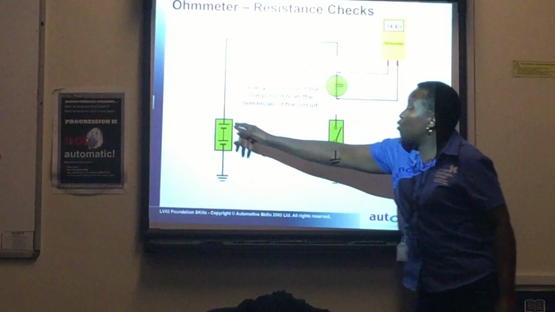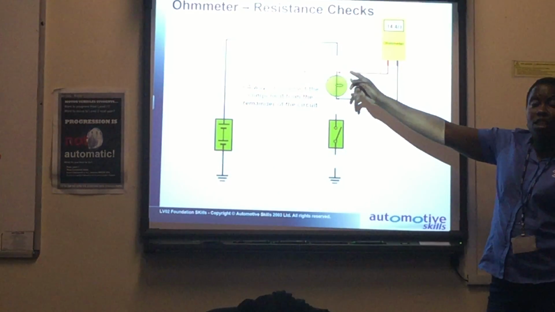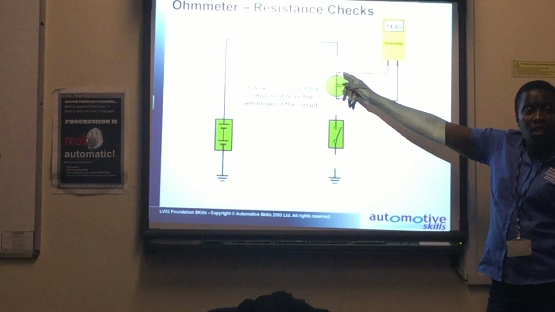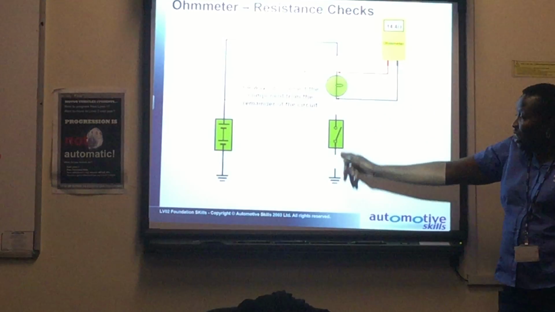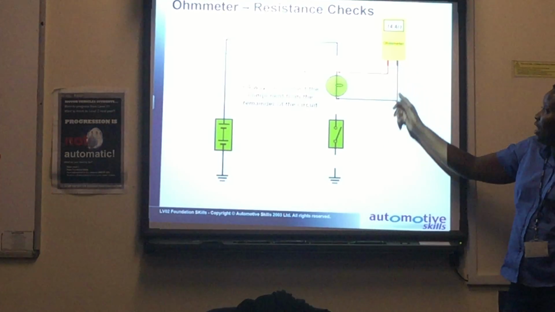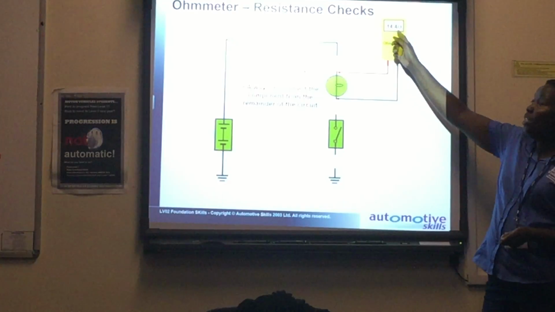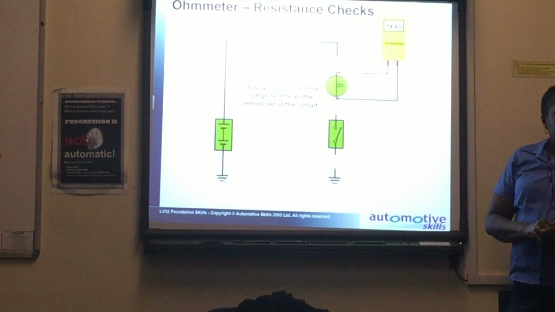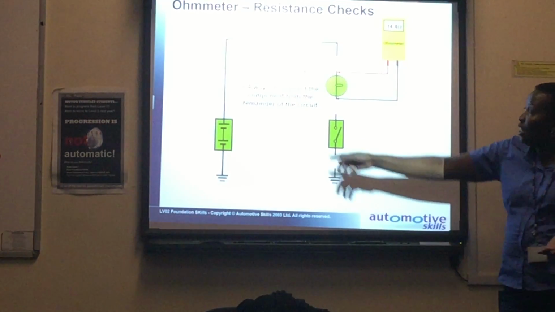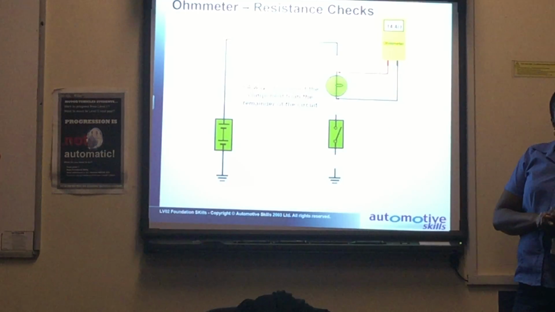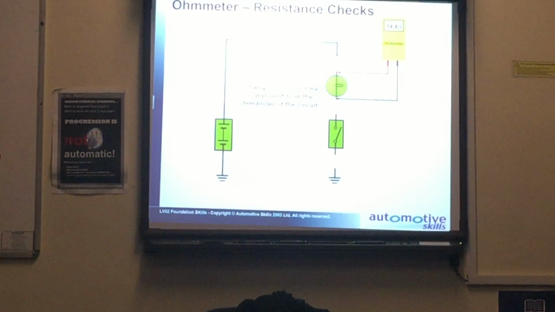Remember, current is coming from the positive of the battery. So the positive will go to the positive. And from there, the current is going to ground. So that's the negative. We connect, then we get a reading. Then we know the resistance across the circuit. Are we okay there?